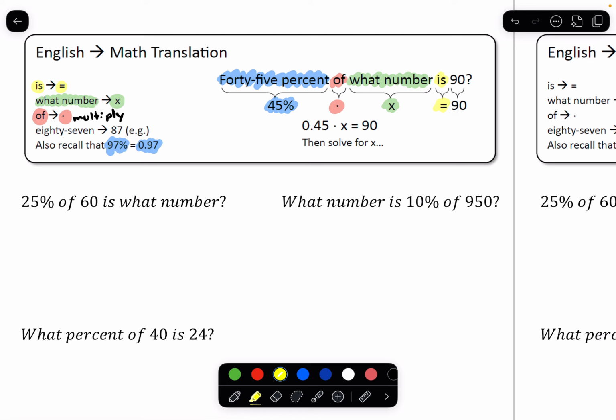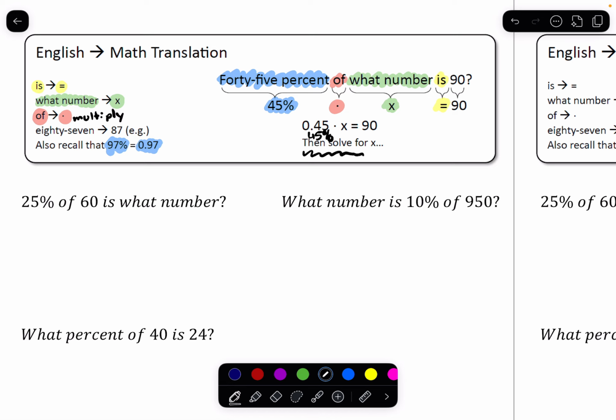So that sentence, 45% of what number is 90, you can write as 0.45, or I don't like that. You can also write it as 45%, right? 45% times X equals 90. Once you've written it that way, then it says right here to just solve for X.